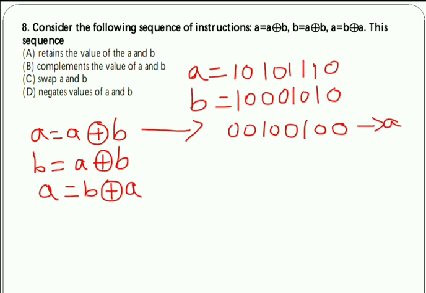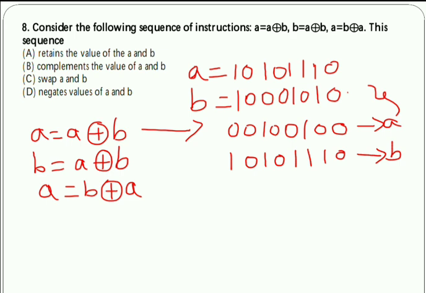B equals A XOR B. So we have to calculate the XOR of these two values, A XOR B. So then the answer will be 0, 1, 1, 1, 0, 1, 0, 1. So this is the new B value.